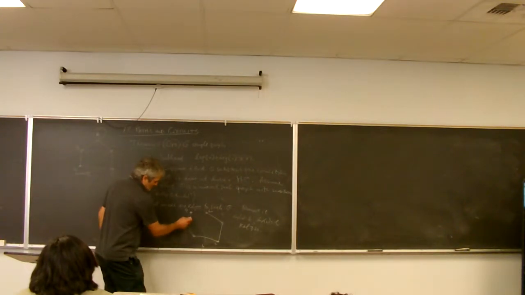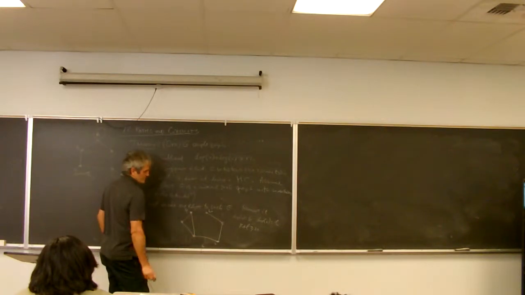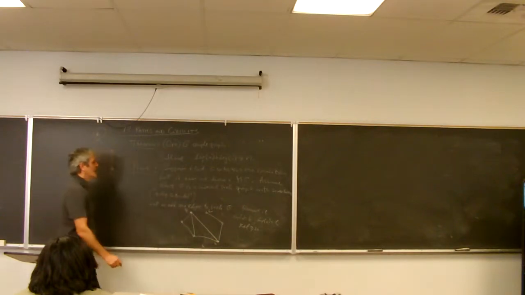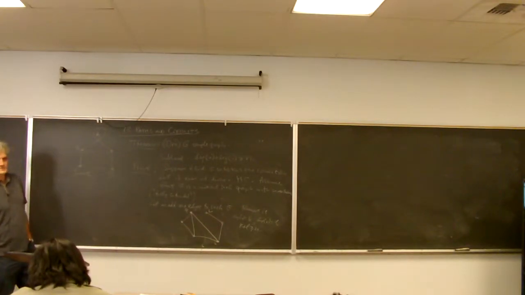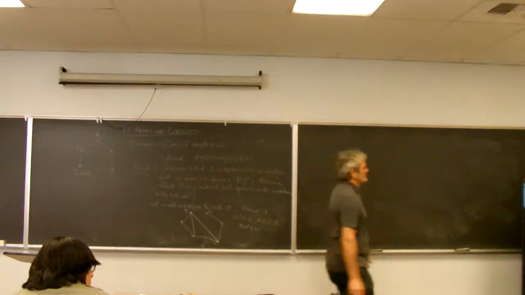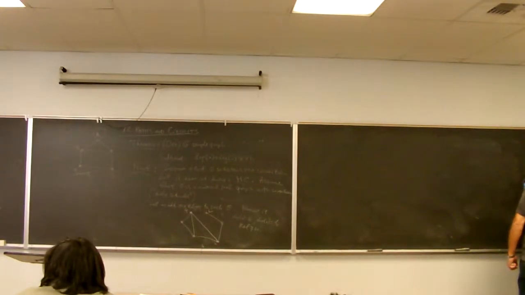So what is this telling you? It's telling you the following. U is connected with someone, and U is connected with someone else, let's say. So those are the vertices that U is connected with.